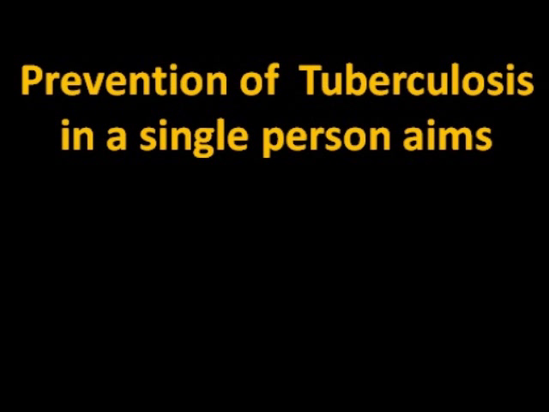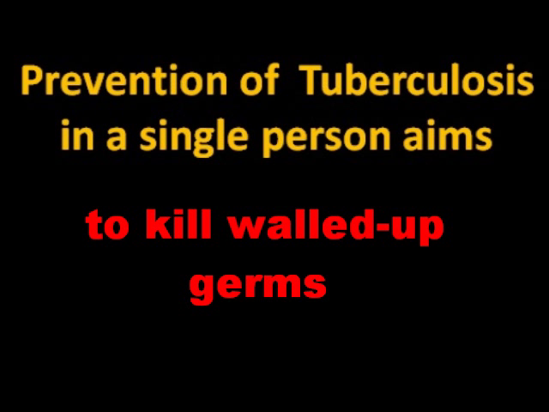Prevention and management. Prevention of tuberculosis in a single person aims to kill walled-up germs. They might be doing no damage right now, but they could break out years from now and become active again over time.